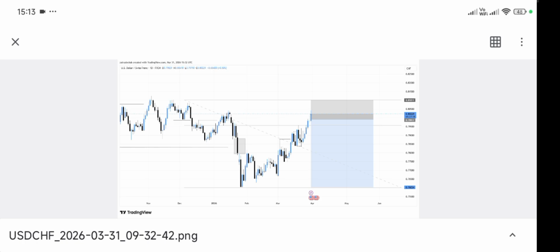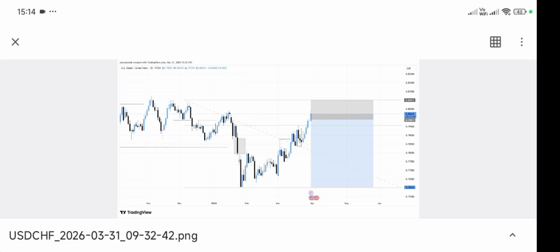The market has been in a clear downtrend, printing lower highs and lower lows. Then we saw a pullback that swept liquidity above the previous high. After that, price formed a change of character, breaking a minor low, and then gave a strong break of structure to the downside.